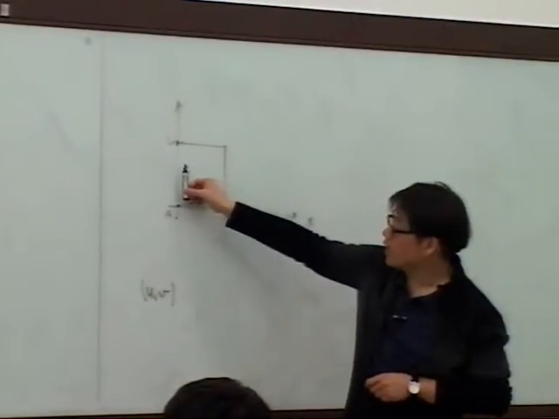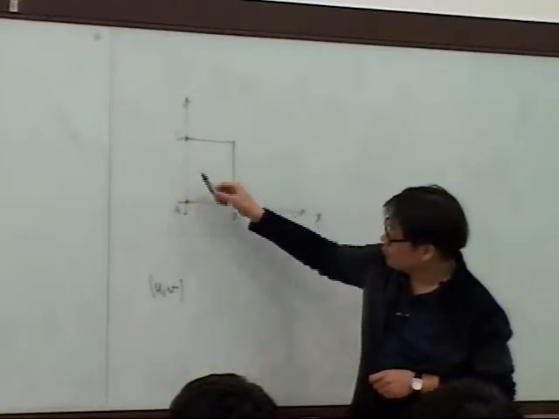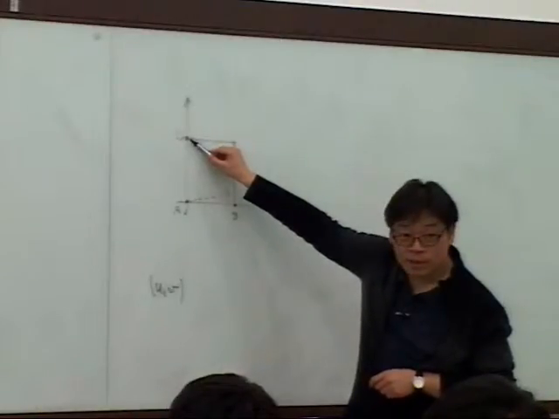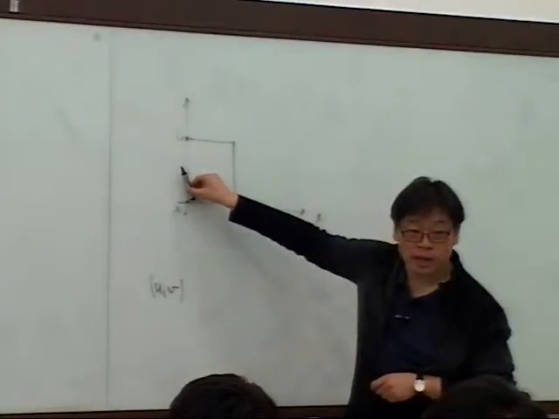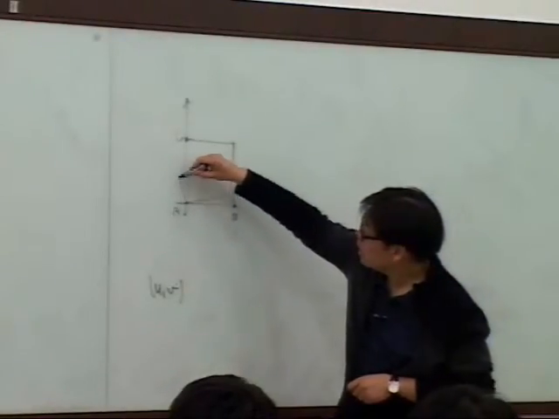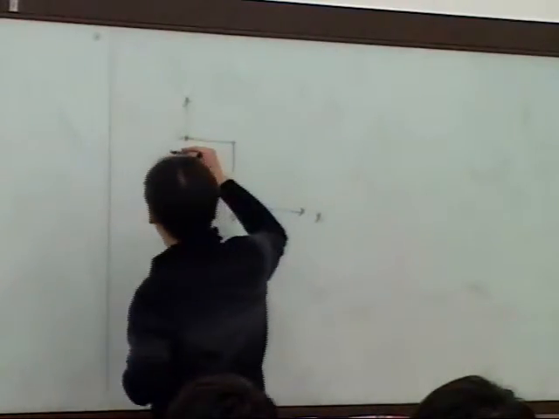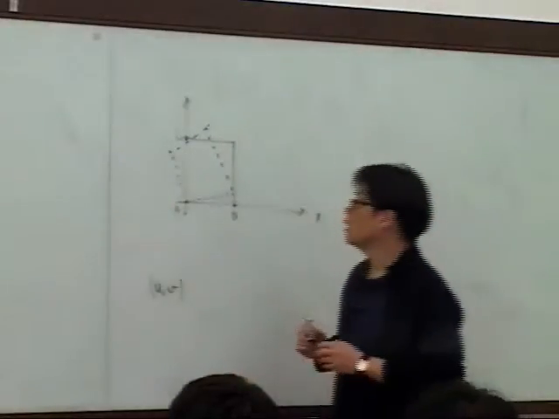Comparing the u velocities, this one is negative, and the magnitude is larger. Therefore, this one would rotate this way. So at the end, you will see something like this.